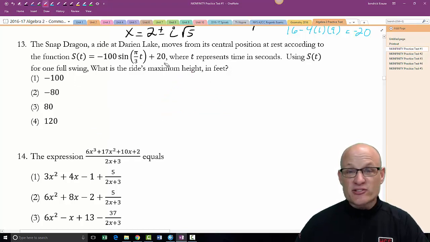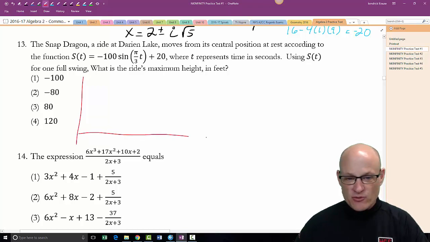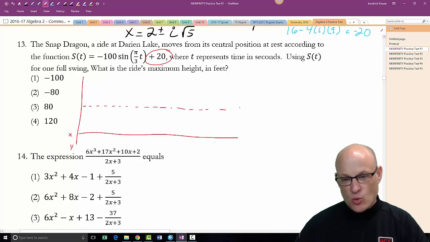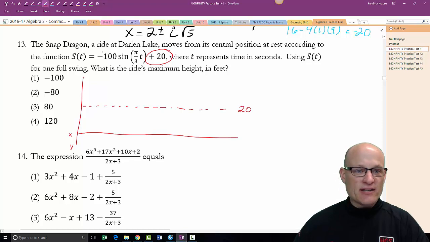All right? So that's just a brief look at the sine curve. So if this was my x-axis, and this is my y-axis, this is my starting point. This is what we like to call our midline, 20. There's my midline of 20. Now, because I have a negative, I'm still coming down first.